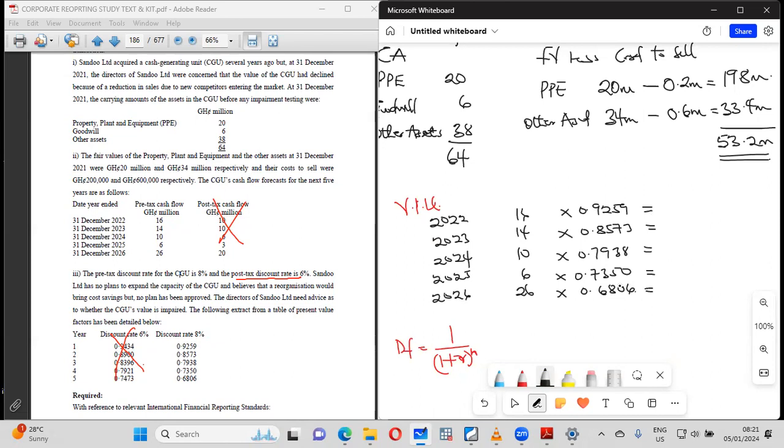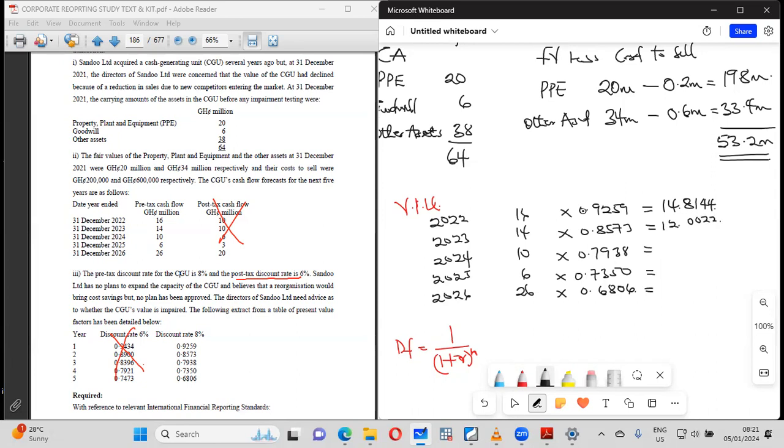So let's do it. 16 multiplied by 0.9259 gives me 14.81. It is 14.8144, but let me make it just 14.81, or I can add the 44 to it. Then we have 0.8573 multiplied by 14, and that gives me 12.0022.